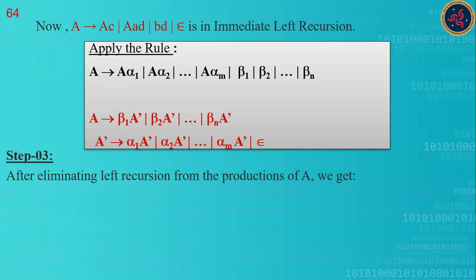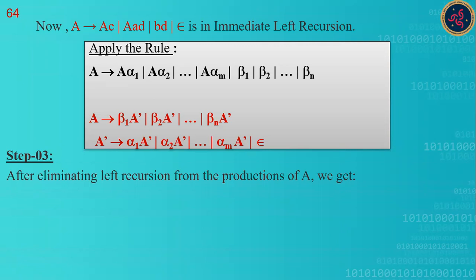Now what will be the value for A prime? That is alpha 1 A prime. What is alpha 1? Here it is C. So we have C A prime. Then the second, alpha 2, is A D, so we have A D A prime.